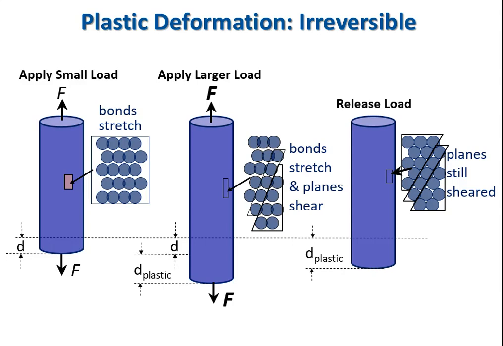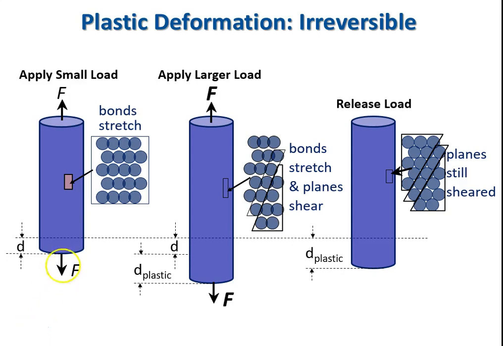It is irreversible. And you can see that if we looked on the atomic level, the space between the stretched planes of atoms has disappeared again, and that's our elastic strain, but that slippage between planes, that sideways shear indicated by the diagonal lines, is still there.